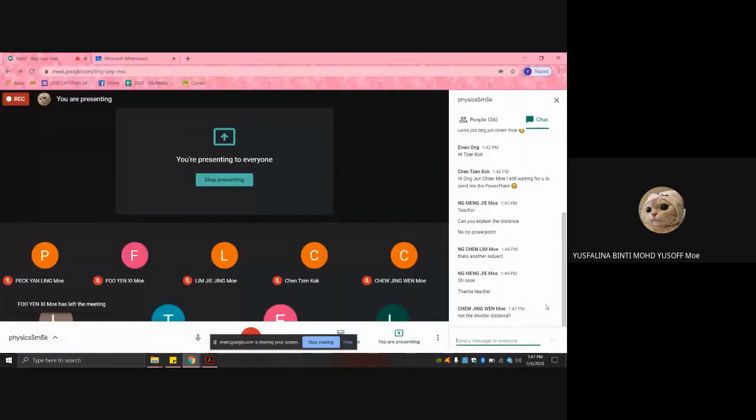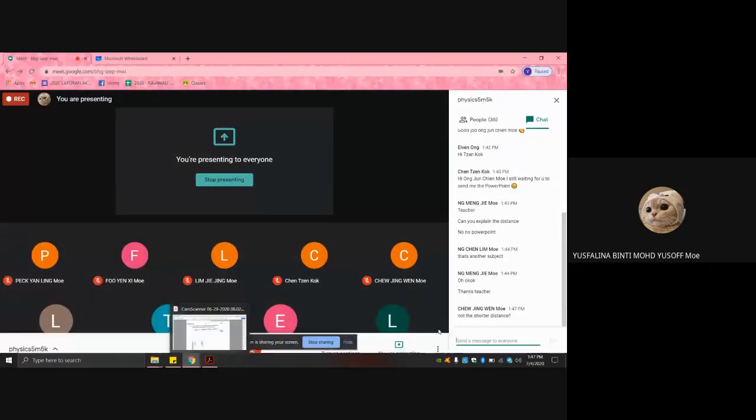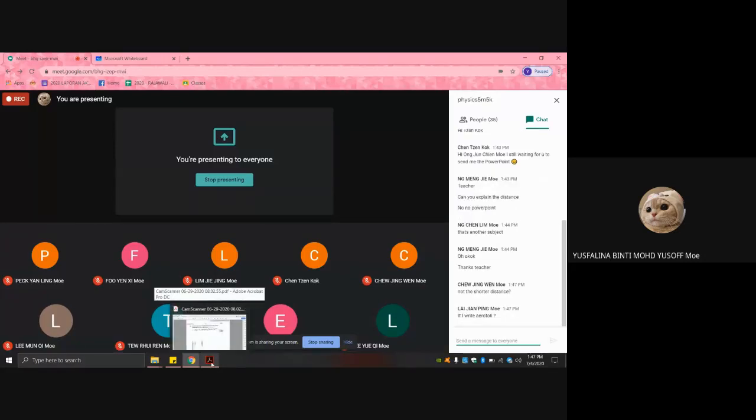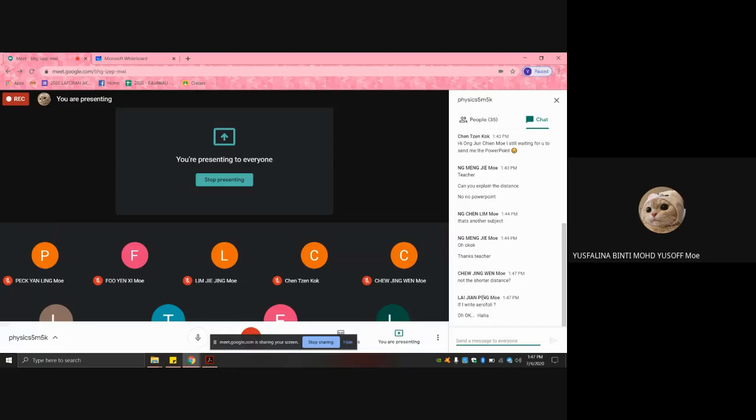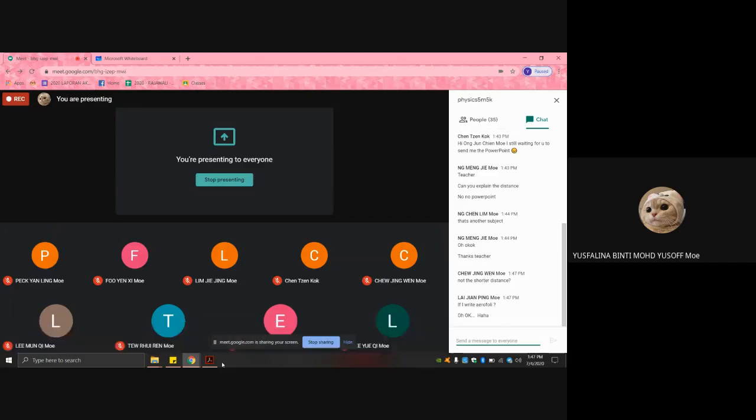Not the shorter distance. Which question is that? Aerofoil. You have to say which part uses the aerofoil, like the wings in an aeroplane. Aerofoil is the shape, but you have to know where the aerofoil shape is used in your daily life. So in the aeroplane, not the shorter distance. That one is for which question, Jingwen?